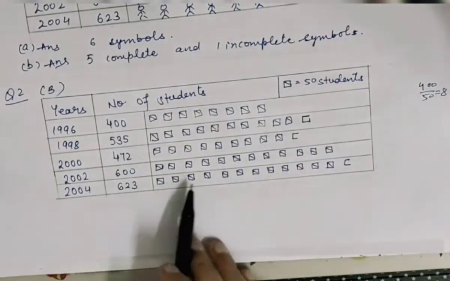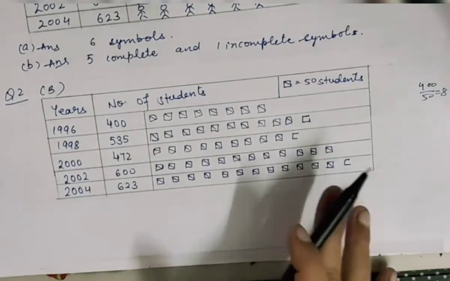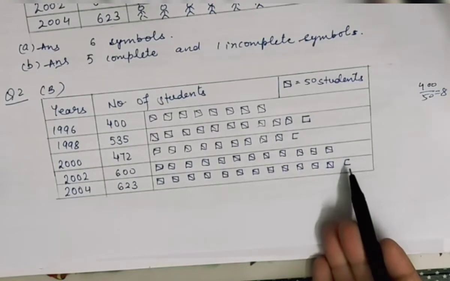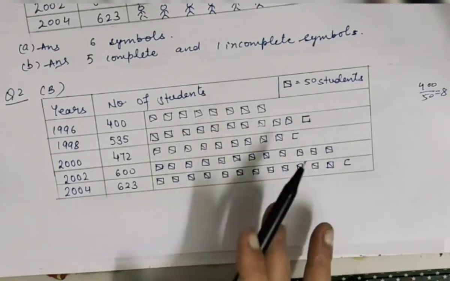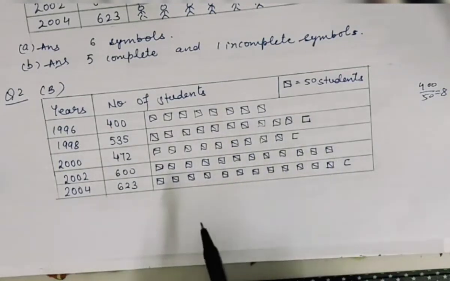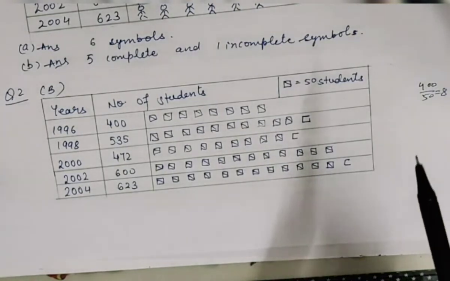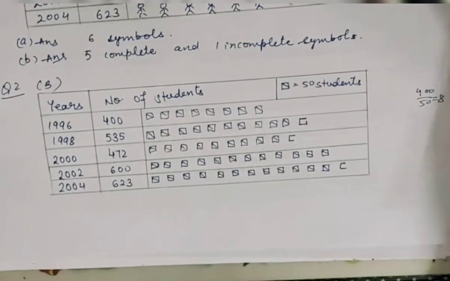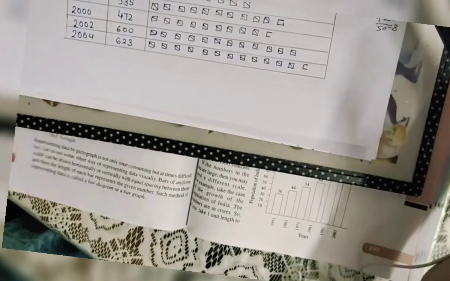So in this way I have drawn this much and then a little bit of that symbol. Okay, now in this way we can draw our pictograph.